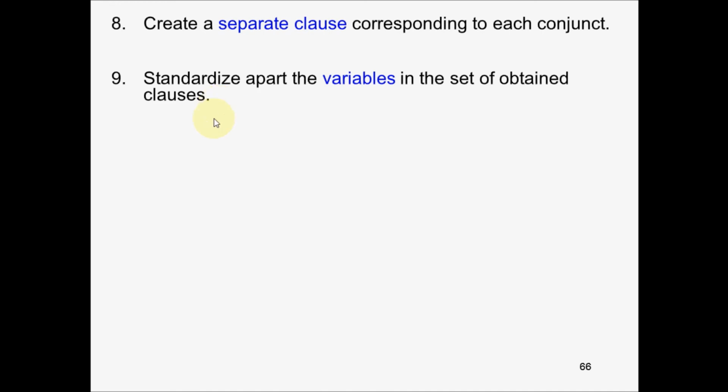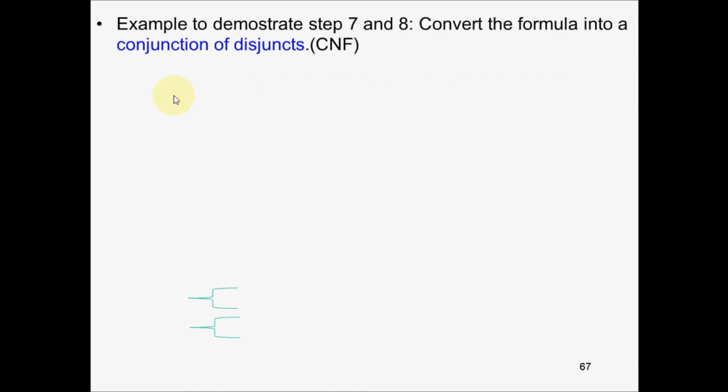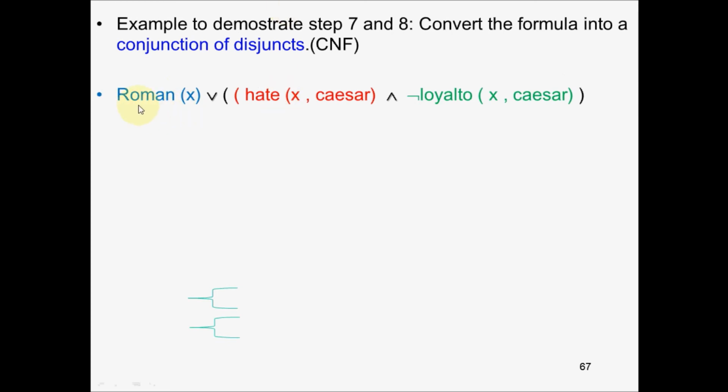Now we will have a combined example to demonstrate step 7 and step 8. Let's say we have reached this particular thing: Roman X or hate X comma Caesar and not loyal to X comma Caesar. Now is this in CNF? No, it is not in CNF, because this may be a clause, but this is not a clause. So how to convert this into clausal form?